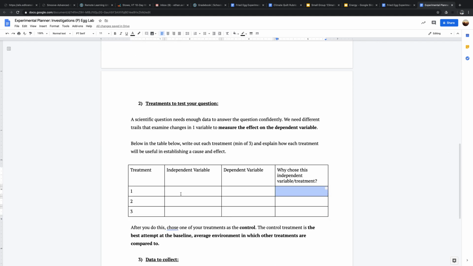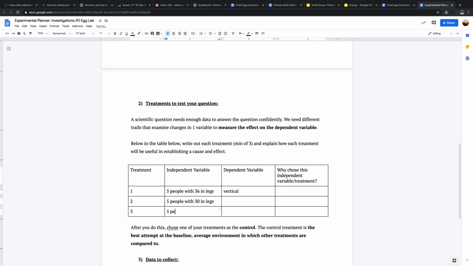So going back to this question, does the length of a person's leg determine their vertical jump height? My first independent variable might be 5 people with 36-inch legs. I want to see how tall people have a vertical height. I might do the same thing with 5 people with 30-inch legs.